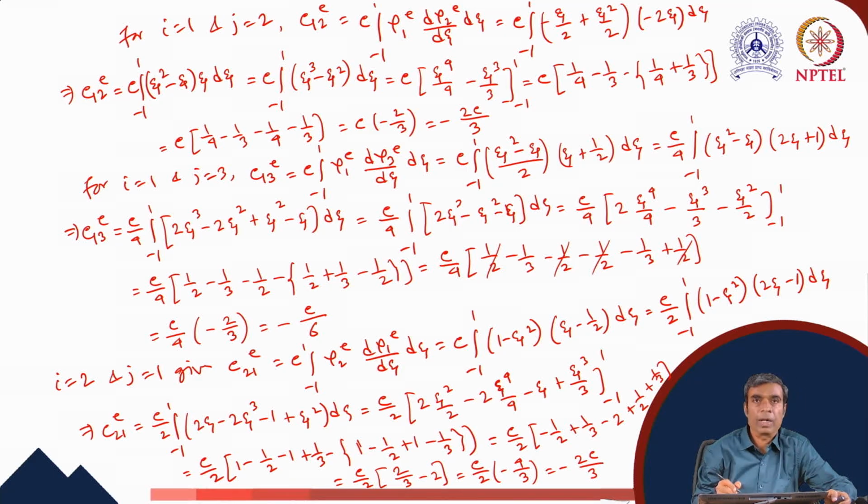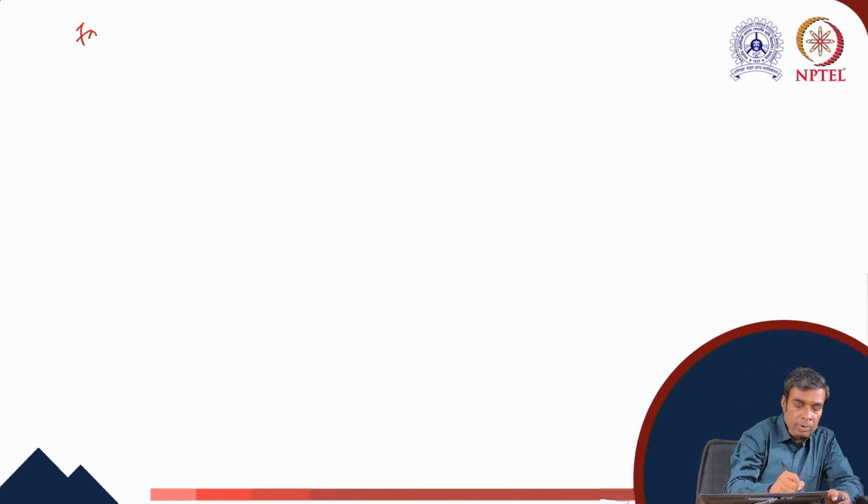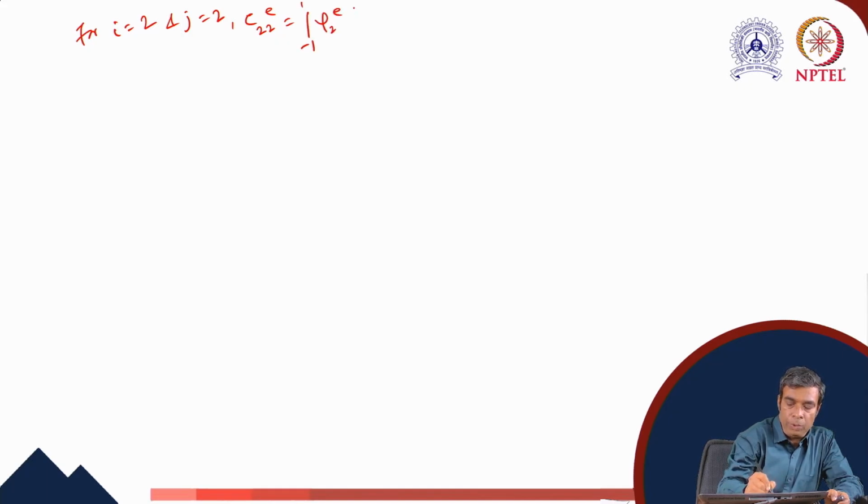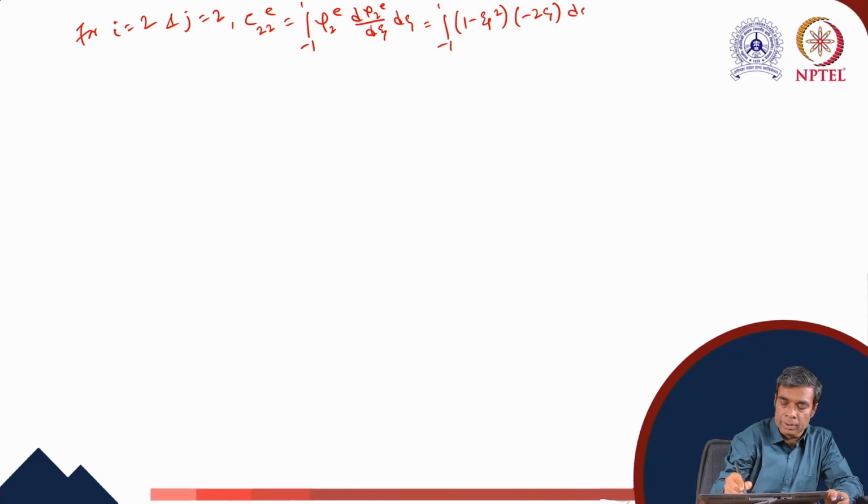Then for i equals 2 and j equals 2, we get C22e equals integration from -1 to 1 of psi 2e d psi 2e d xi, equals integration from -1 to 1 of (1 minus xi square) into (minus 2 xi) d xi.